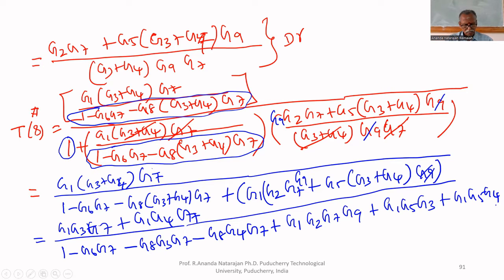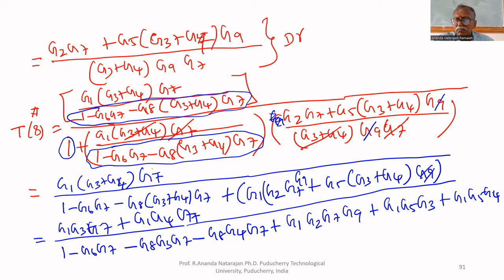G1 G2 G7 G9 here comes, here divided by G9. This G9 here is cancelled, here it is not cancelled. Then what will you get?